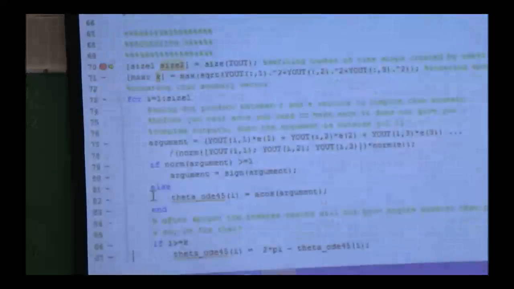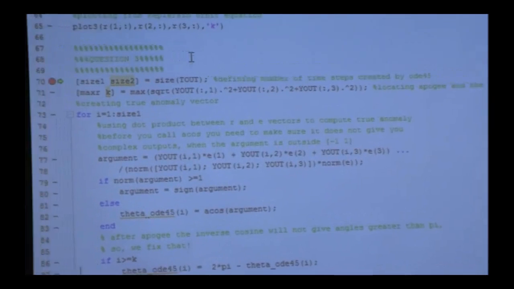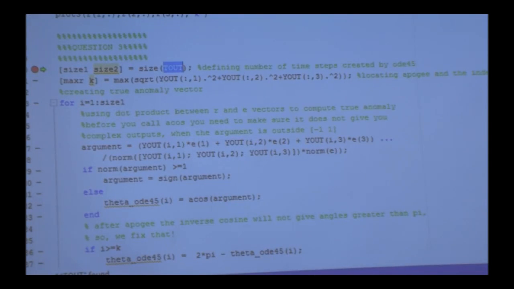So what am I doing here? Since I have to start from what ODE45 is giving me, here I'm computing the size of this vector. By the way, debugging is a very powerful tool. If you've never done it before, I strongly advise that as you start developing software, as soon as you get an error or something that you don't like, you start putting breakpoints and go line by line and see what's going on, because that's the only way you can find the error.